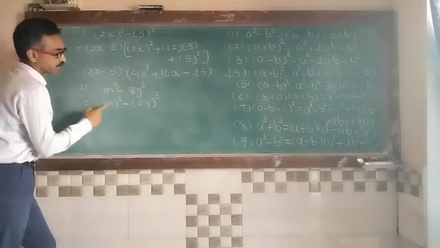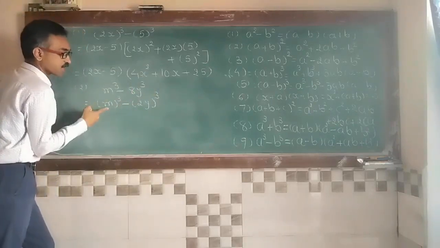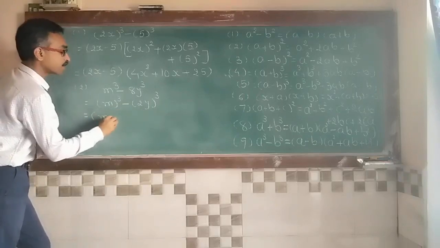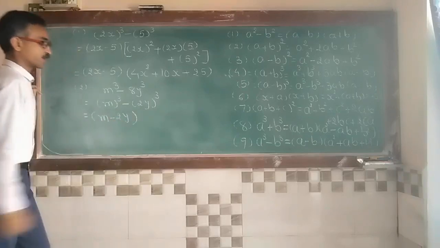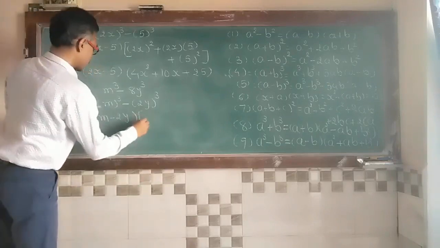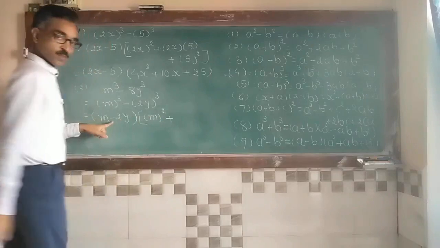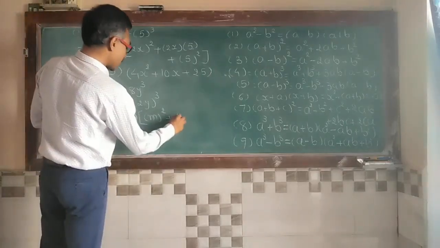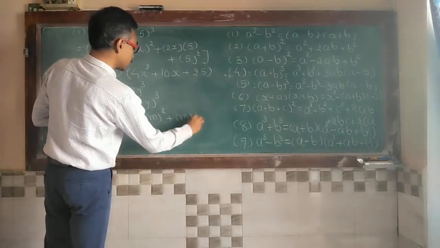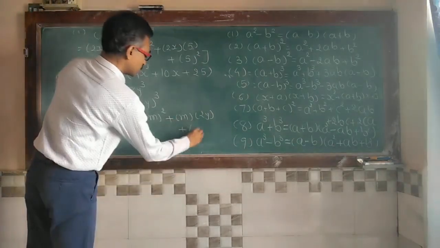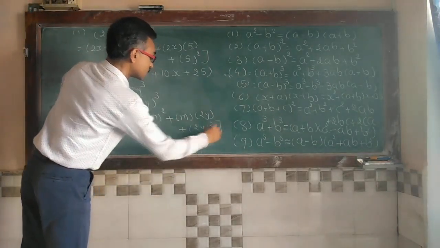To put a minus b, here a is equal to m, b is equal to 2y, so m - 2y into the second bracket, the square of the first term m^2, plus m multiplied by 2y, and (2y)^2.